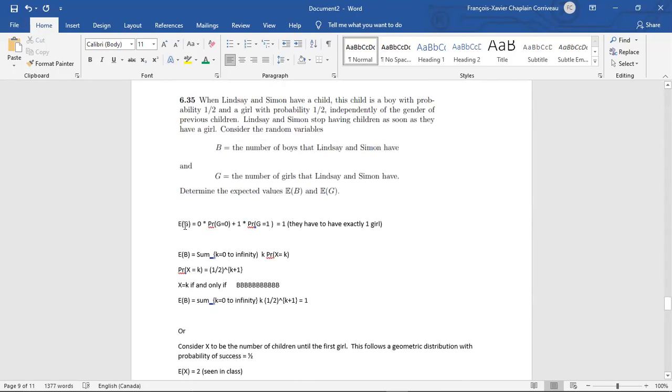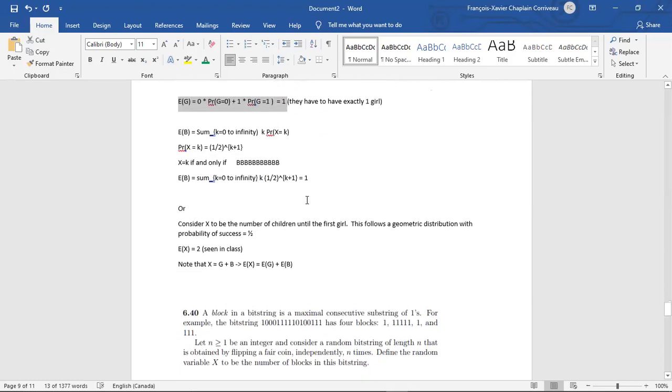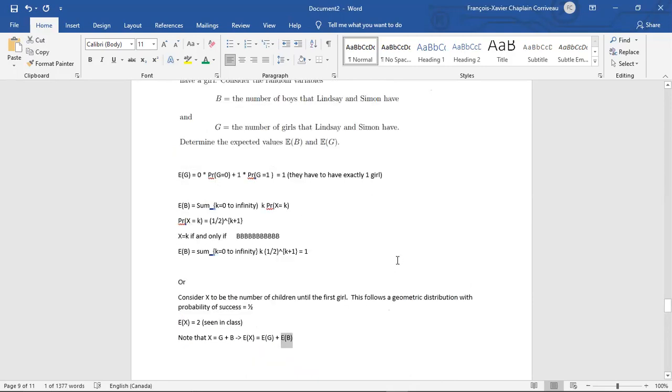Now this is clearly 1, so you don't even need to go through there. You could just say, well, this is 2 by geometric distribution, this is 1 because they have to have a girl, and so this needs to be 1. So that would be another way.